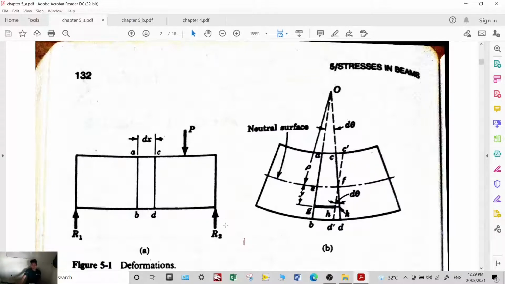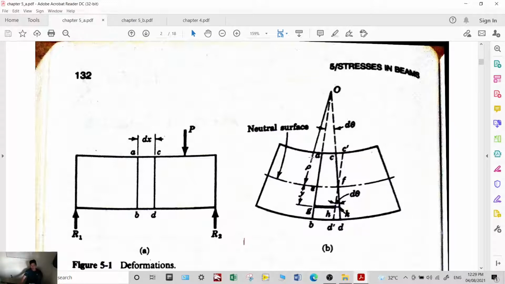The tendency of this load is to push the beam, so what will happen, if we exaggerate it, the beam will bend, and it will look something like this if we magnify it. But usually we can observe that your beam has a bend.